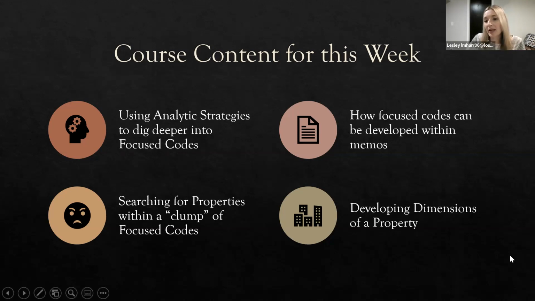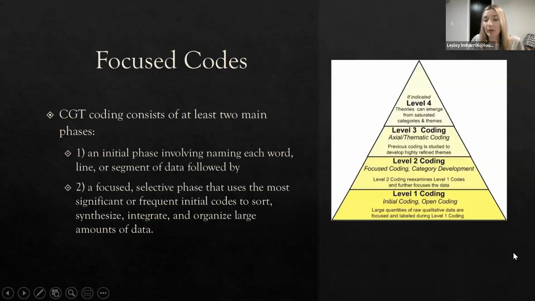So this is something that can be a little bit confusing. So you might want to watch this lecture a couple of times, dig into Charmaz's reading for this week, but also dig in deep to chapter 4 of Corbin and Strauss, because they give some examples of what property development looks like and dimension development looks like.